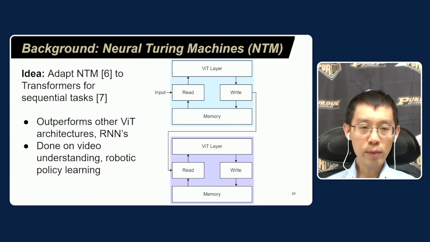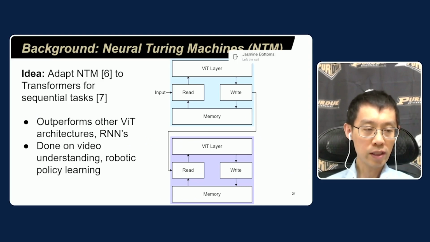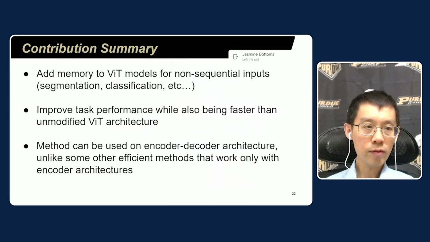So we added memory for different layers. This shows the 2 layers of the Turing machine. We adopted this method, and previous work has shown that this architecture can outperform other methods, in particular recurrent neural network. So what is the advantage of doing this?